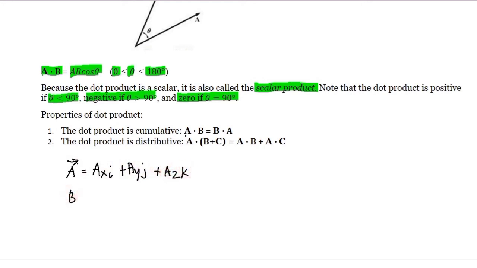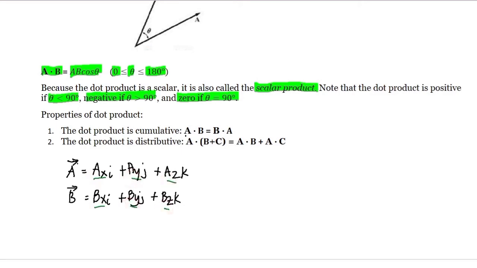And for the vector B, we have BXi plus BYj plus BZk. Now, if we are going to take the dot product, we just multiply AX with BX, AY with BY, and AZ with BZ.